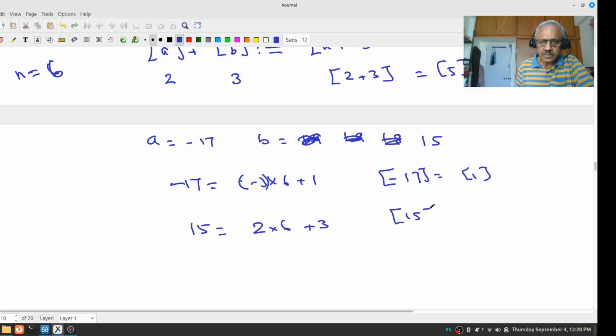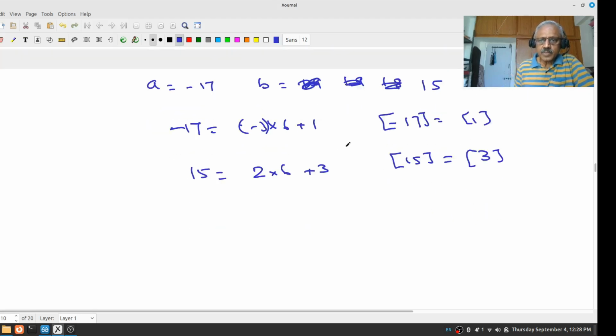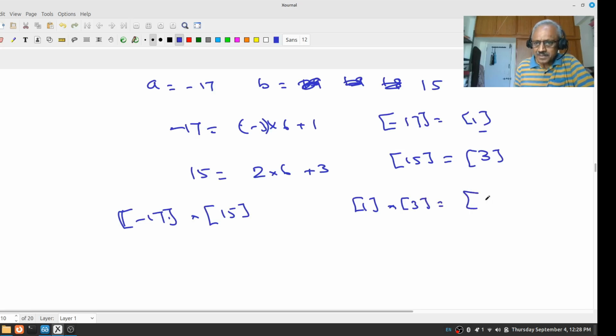Therefore, the equivalence class of 15 is same as 3, right? So, when you multiply minus 17 according to the first one, you will have minus 17 times 15, and here with the equivalence classes you would have done 1 times 3, that is, this is much easier. 1 times 3 is 3.